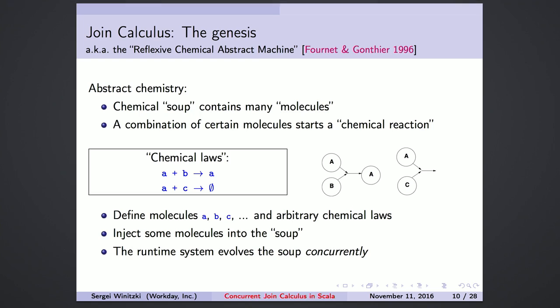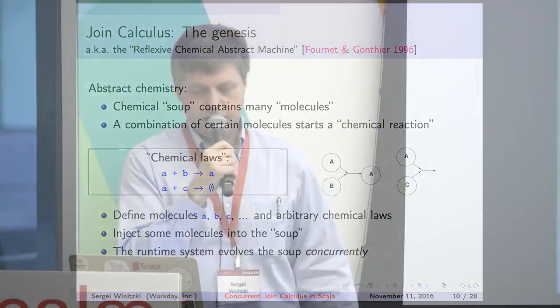Very difficult to read, but unlike all other papers that are mostly also by French people on this subject, this paper contains in its introduction a very intuitively clear description of the chemical abstract machine. And that's what I would like you to think about.